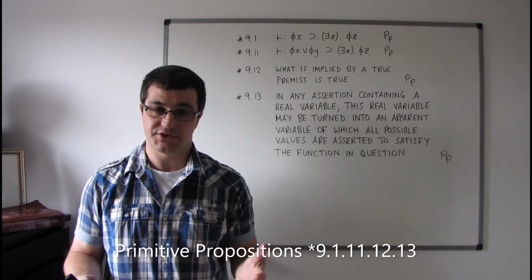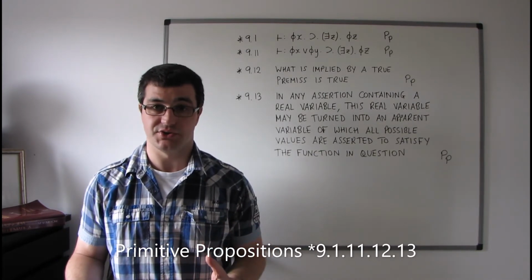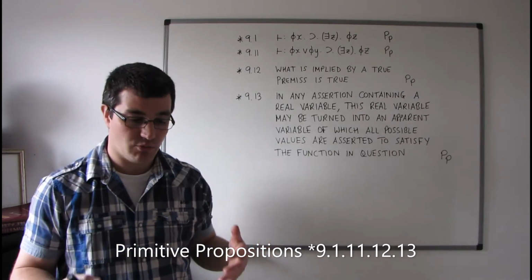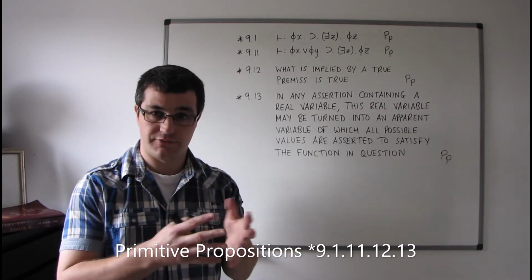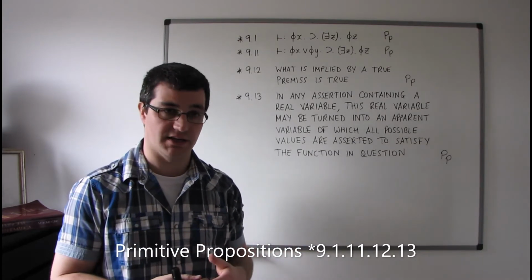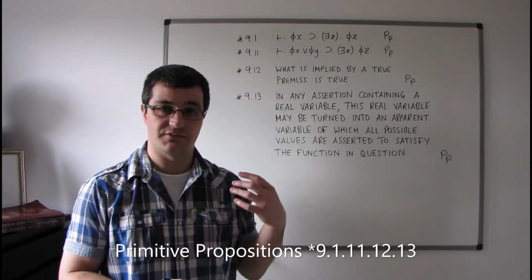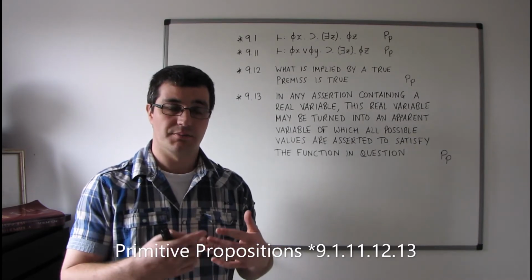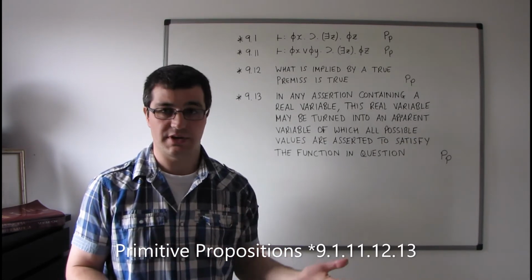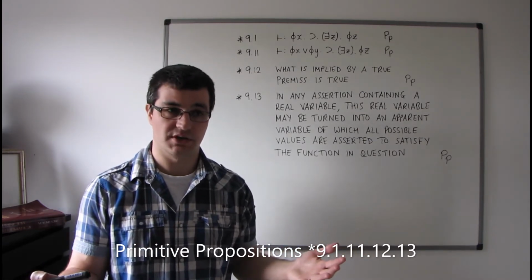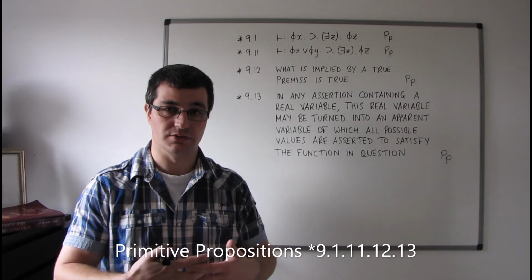So now we come to our first few primitive propositions from section 9, and let's just have a little bit of a recap of where we've got to at this stage. We've got our first order propositions introduced, so phi x always and phi x sometimes, and we've got the definitions of negation and disjunction as applied to these first order propositions. But effectively we've got on the one hand elementary propositions and on the other hand first order propositions, but no way to link the two.